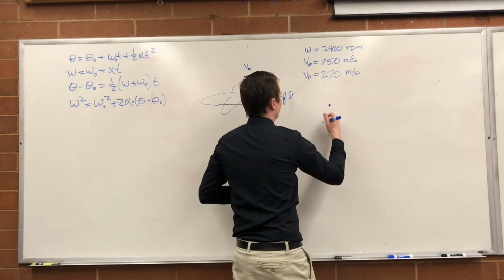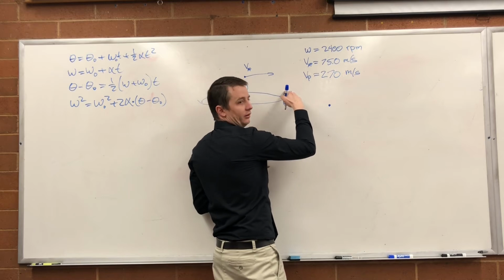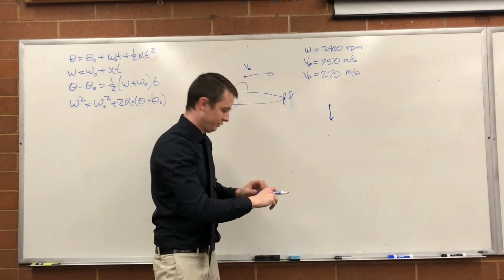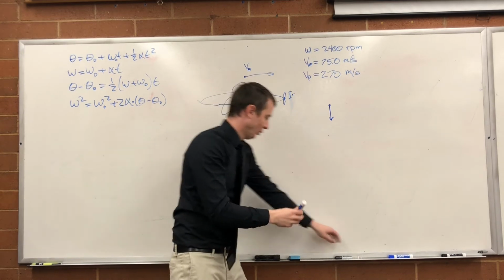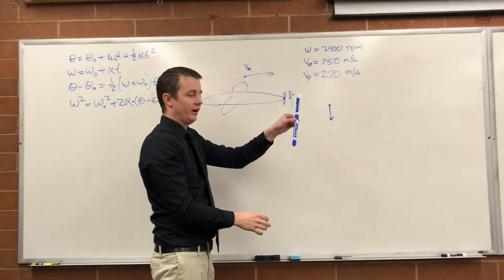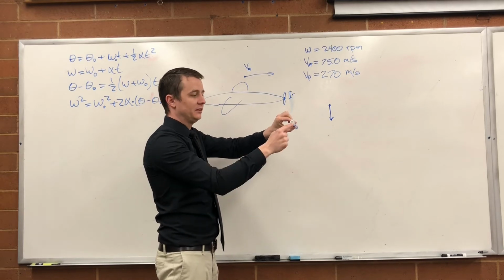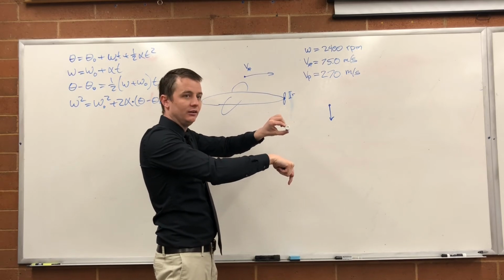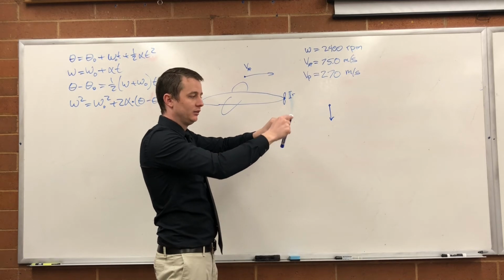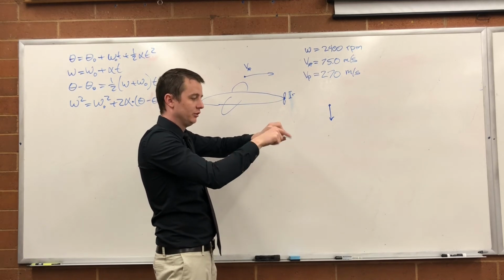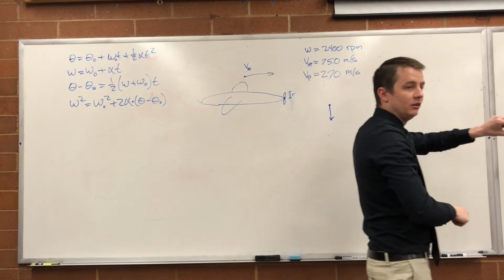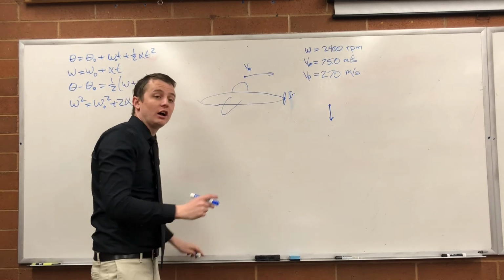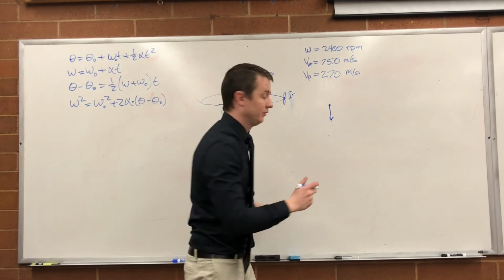Think about this marker as a propeller. When the propeller's like this, think about this point, if the propeller's spinning this way. It's going to be moving down with some velocity. That point right there, on the very end, at this instant, it's moving down with some velocity, but it's also moving forward with some velocity because of the velocity of the plane. So the resulting velocity of those two velocities is going to be 270 meters per second.